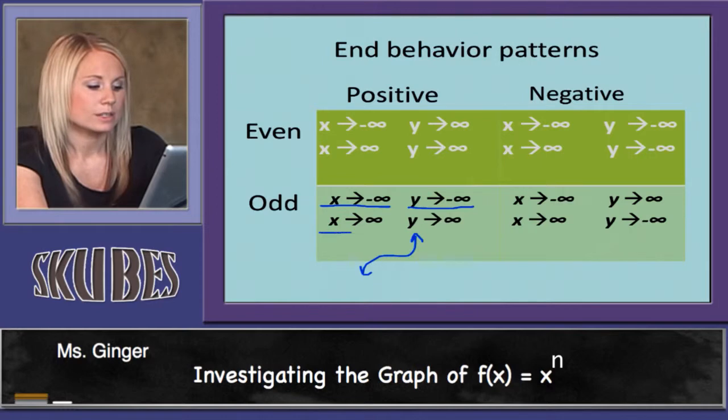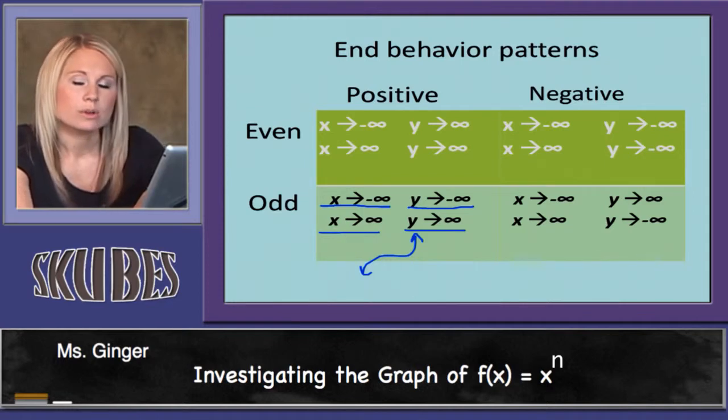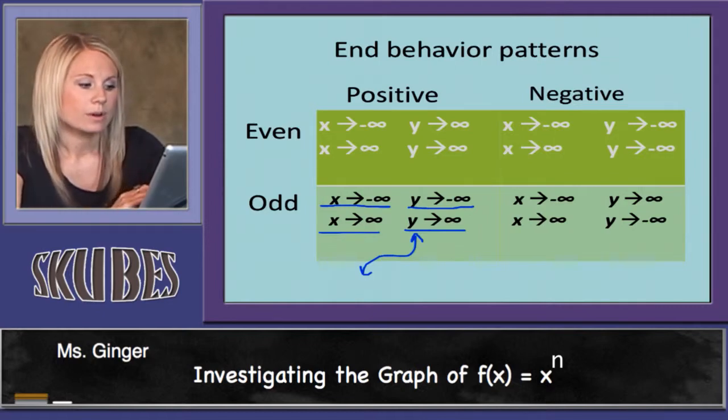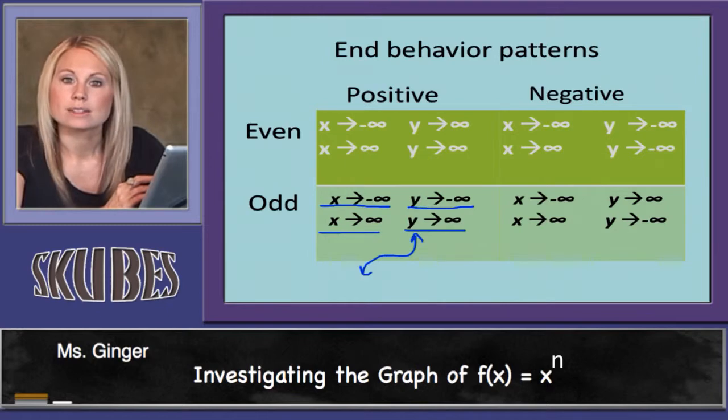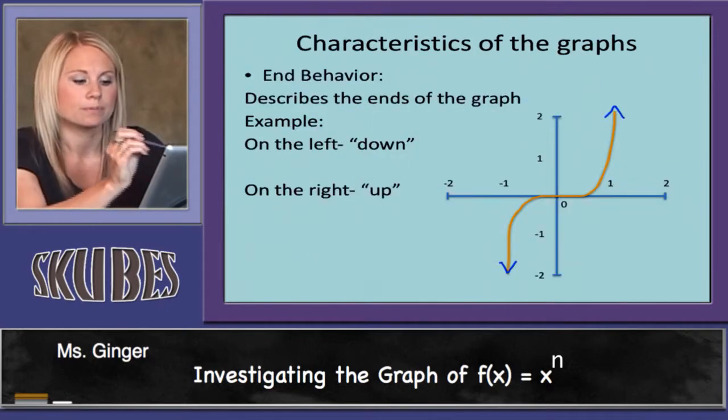And on the right, as x approaches positive infinity, the function is moving up, positive infinity. If you'll notice, left and down use negative infinity, whereas right and up use positive. So that was an odd-powered positive function.